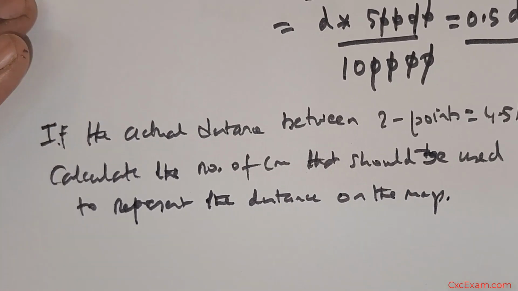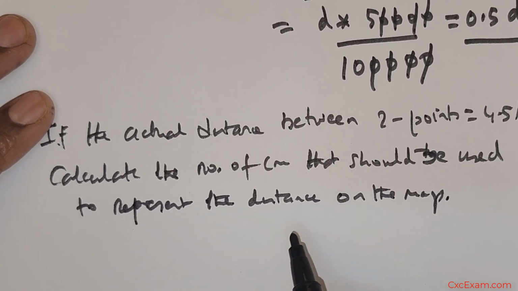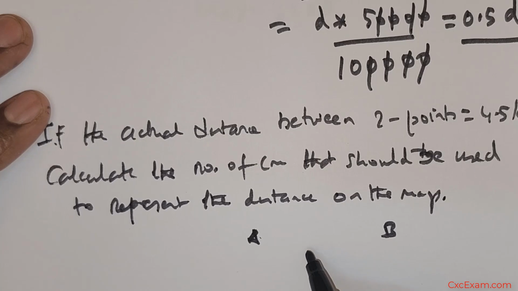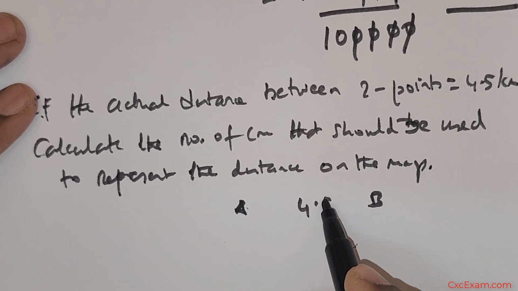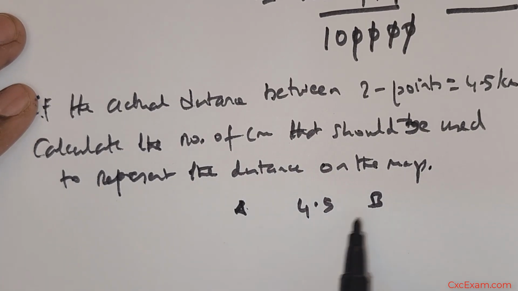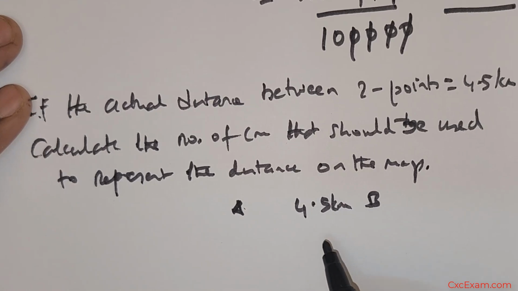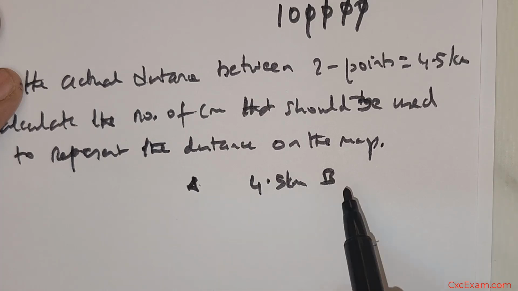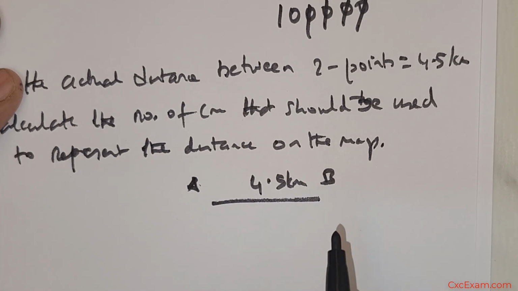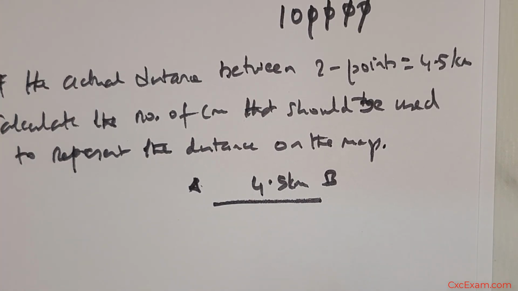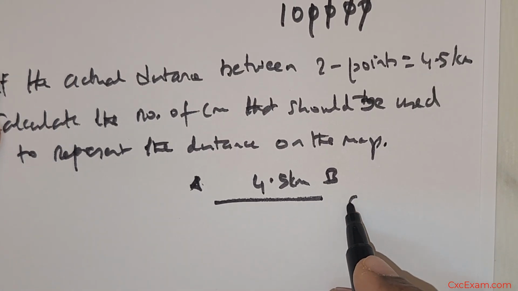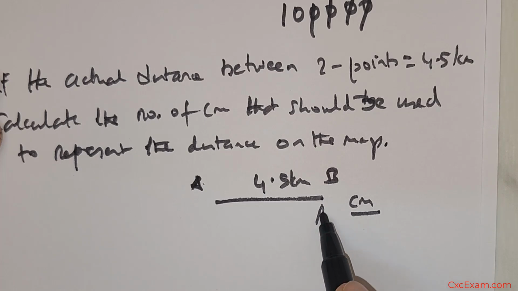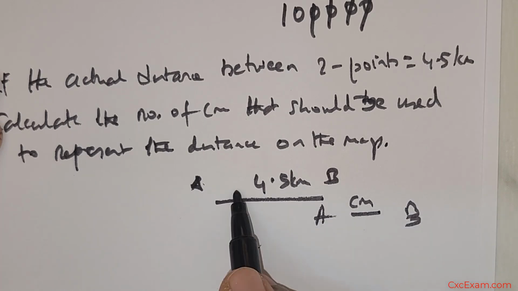Okay, what they are saying is, see, there are 2 points, say point A and point B. In real life they are 4.5 kilometers away, but we would not be able to plot a map so big that we can make this representation of 4.5 km. So we represent it using cm. They are asking how many cm should be used to show this distance.